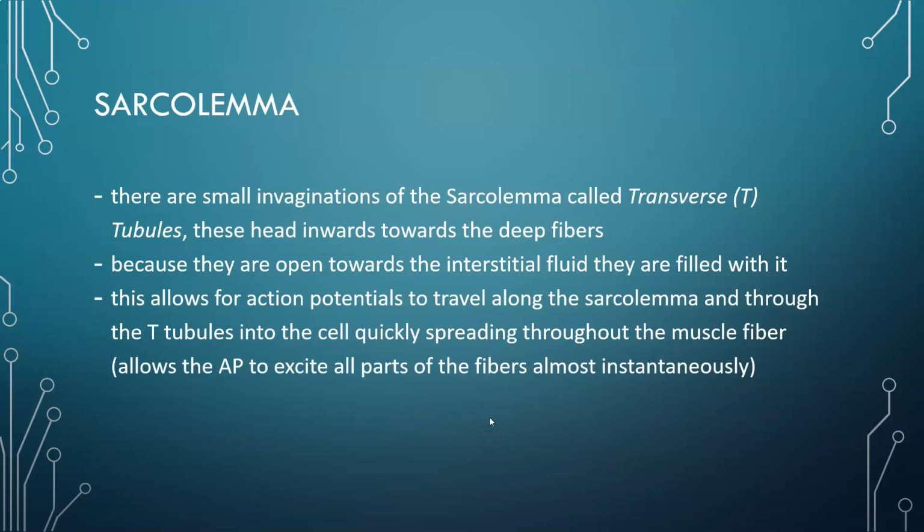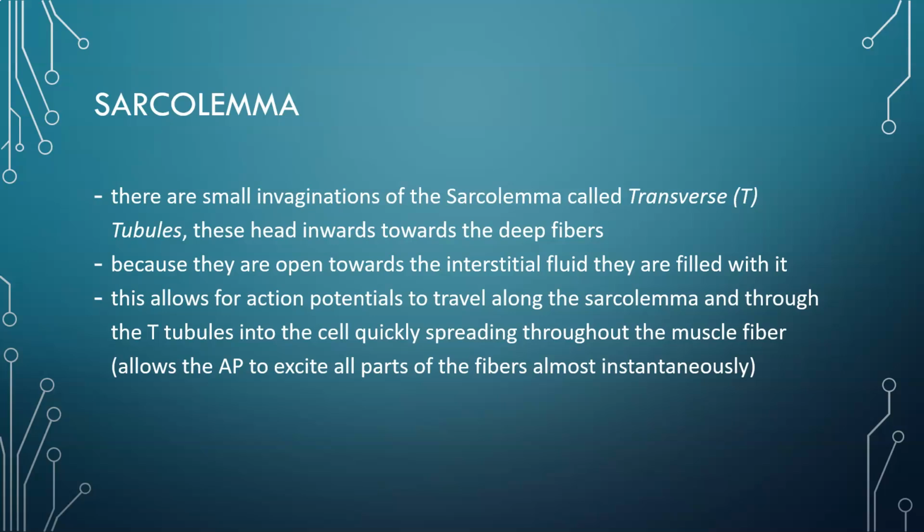Why are they there? Well, they're filled with interstitial fluid that exists outside the membrane and inside the membrane. The whole role of a T-tubule is to allow the action potential, that is the stimulation from the nervous system, to travel along the sarcolemma. That stimulation is called an action potential, potential for action.